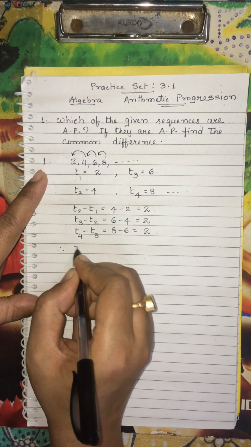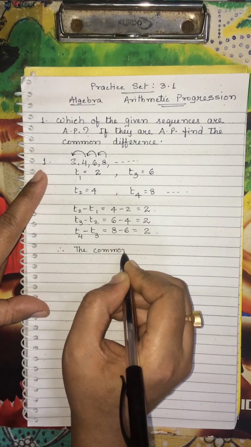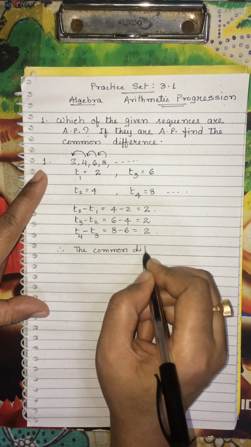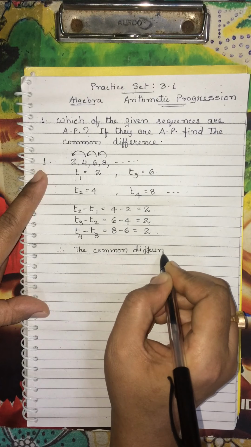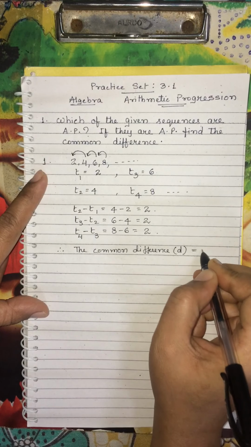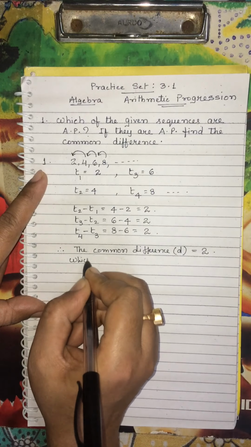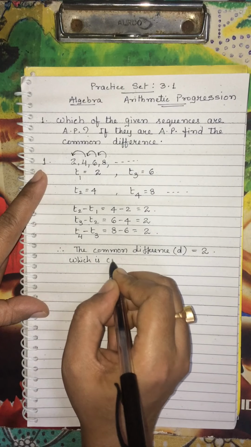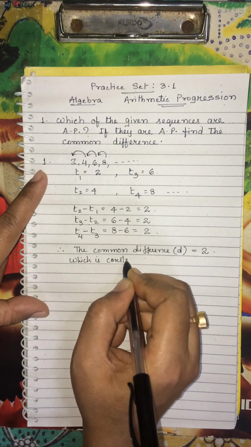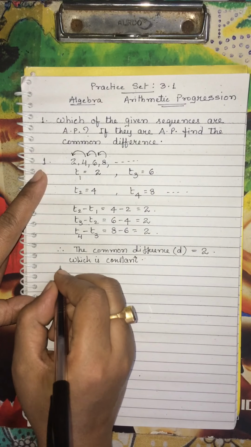Therefore we will write it as the common difference, which is represented as small d, is equal to 2, which is constant. Children, when you are subtracting, always you are getting 2, so we will say that it is constant.